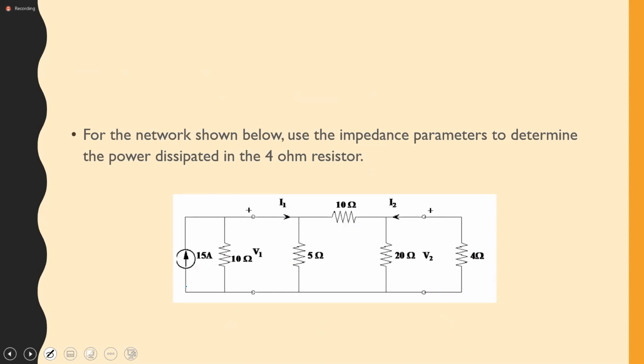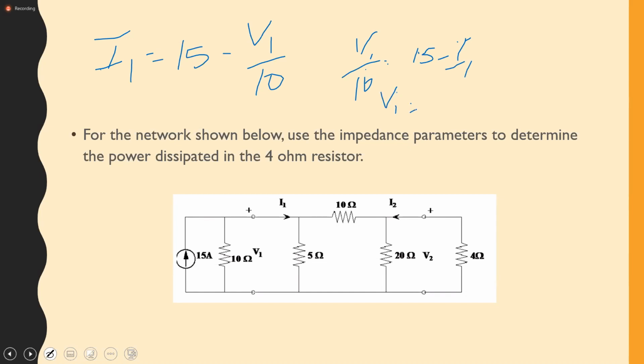If you prefer, you may want to rearrange the equation. So what we had was that I1 was equal to 15 minus V1 over 10. Yes? You can now say, well, V1 over 10 is equal to 15 minus I1.